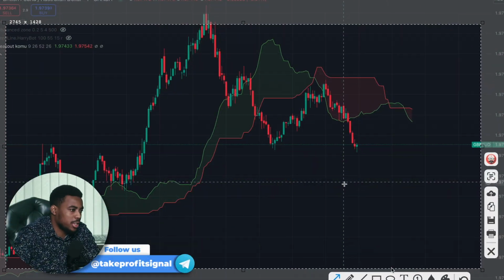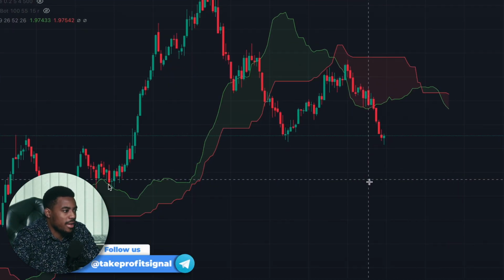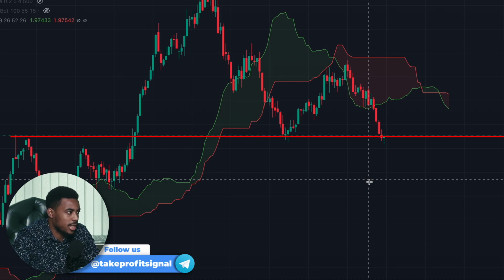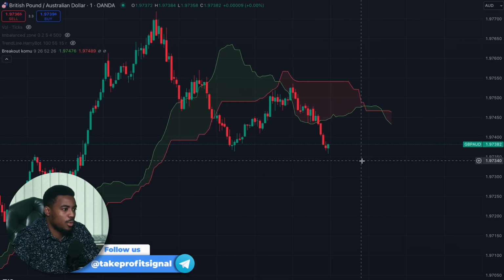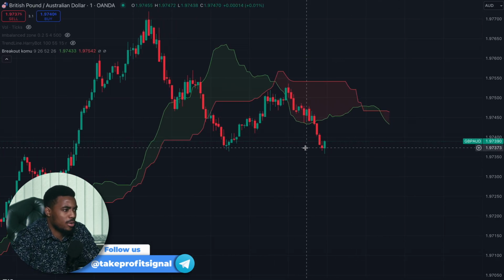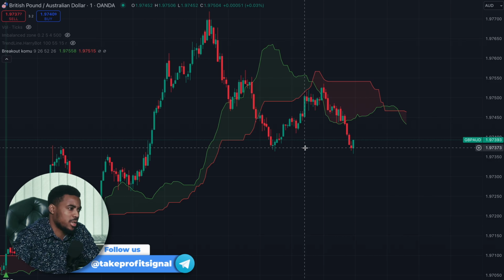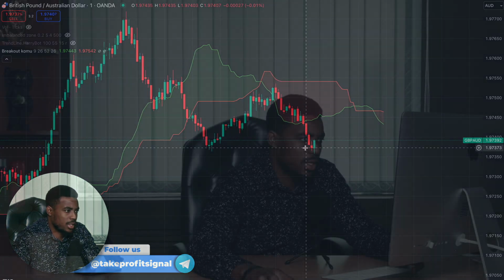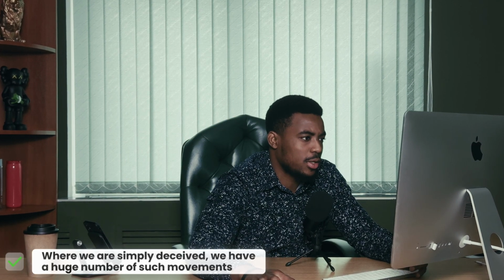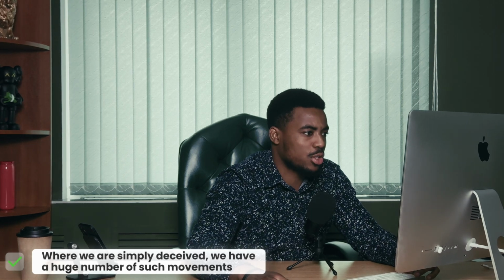It is becoming more and more clever, more and more cunning, because most people are not supposed to make money, and very often it happens that here we have a level, the market will turn from it. But after such a small movement, everyone will think that we have already broken the level, but in fact we haven't. Such movements I call manipulative movements, when the crowd is simply manipulated. When we are simply deceived, we have a huge number of such movements.